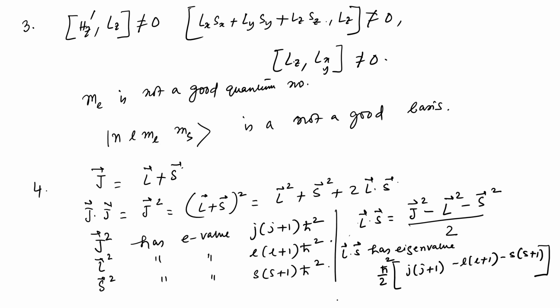But then we have not talked about what exactly is the state that we are referring to. And now this J, be very careful, J can take values, this is an important thing. So, the J quantum number will take values between L minus S to L plus S.